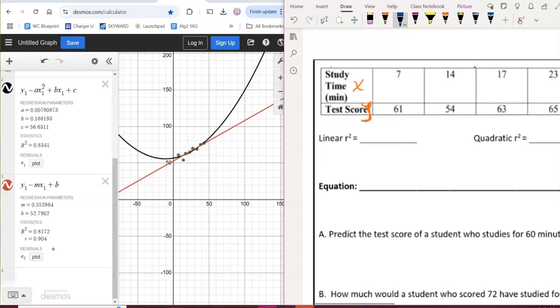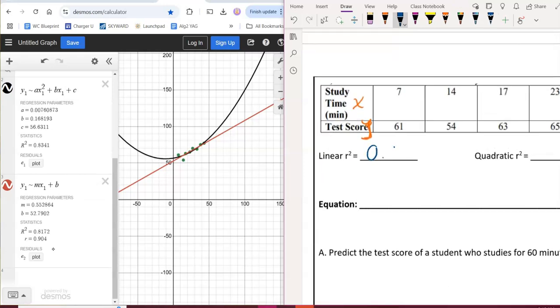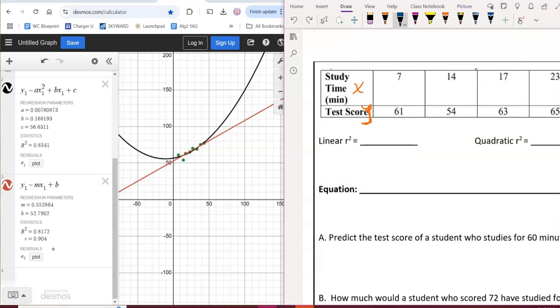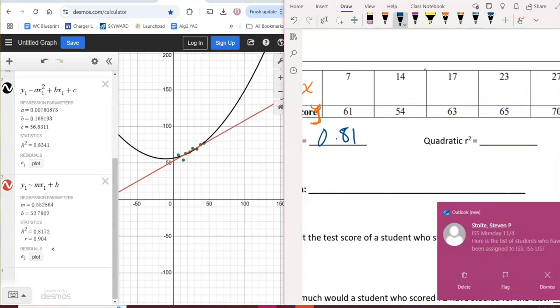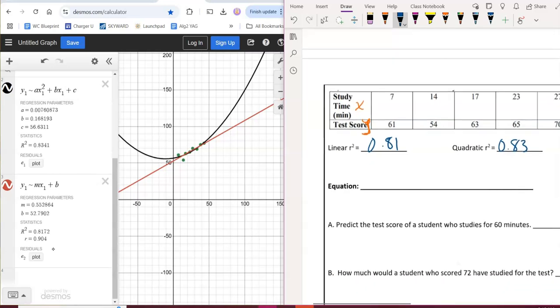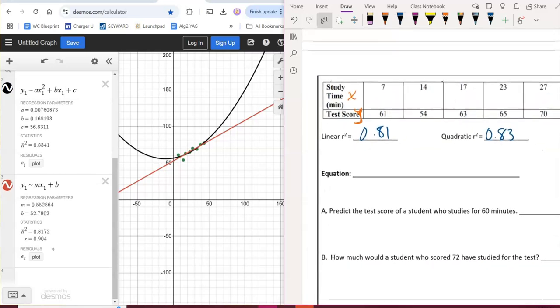Okay. So here we're going to say 0.83. Oh, that is the linear. I see why we were, okay, my bad. Linear does say 0.81, and then the quadratic does say 0.83. Awesome, okay.